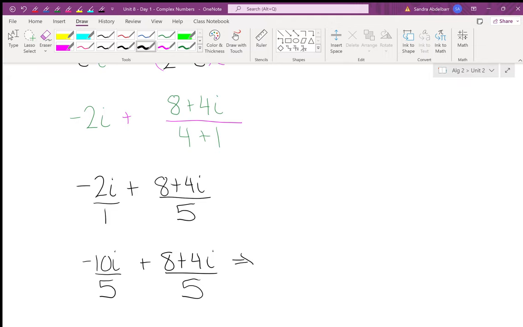So remember, keep our denominator, add our numerator. So I have a negative 10i and a positive 4i, which is going to give us 8 minus 6i. I can pull out a GCF here, but if I could pull out a GCF that simplifies with the denominator, I would. Since there's no GCF that simplifies with the denominator, I'm going to leave it just like this.